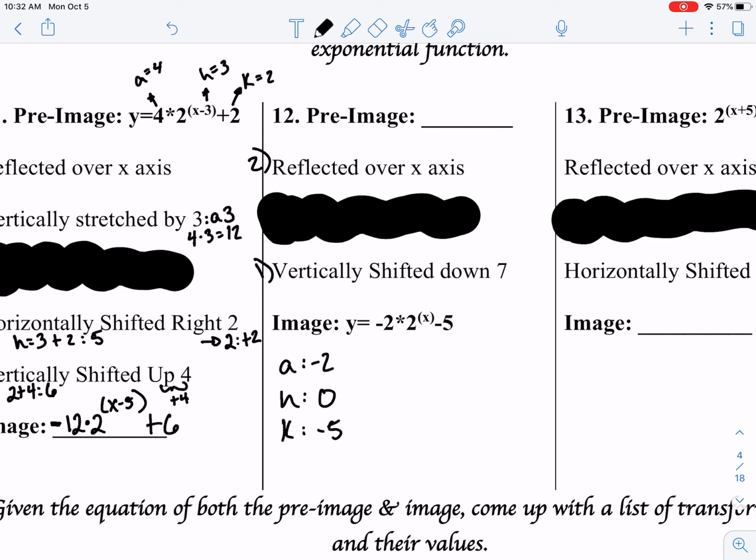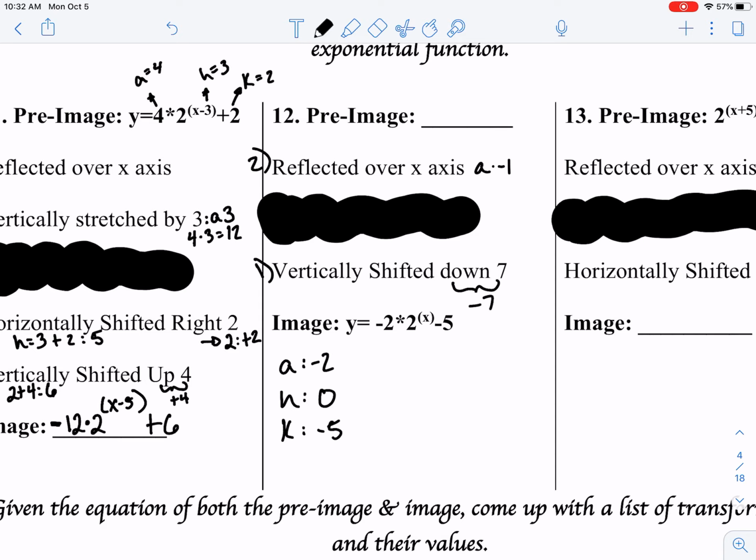Okay, so down 7 means I need to subtract. Reflect over x-axis is just A times negative 1.